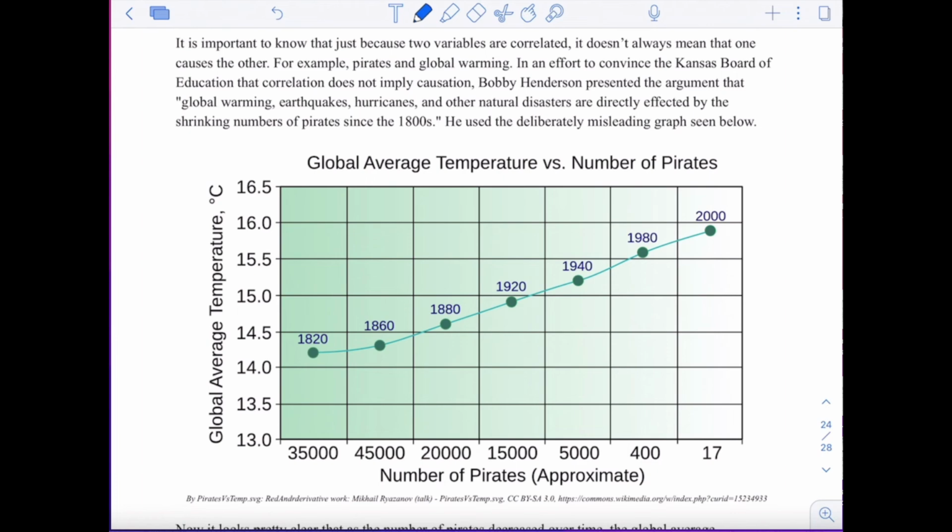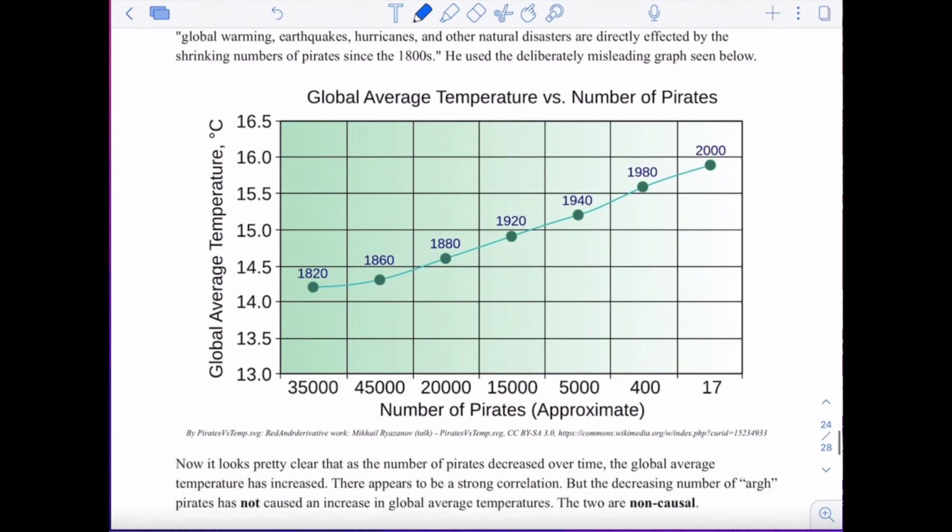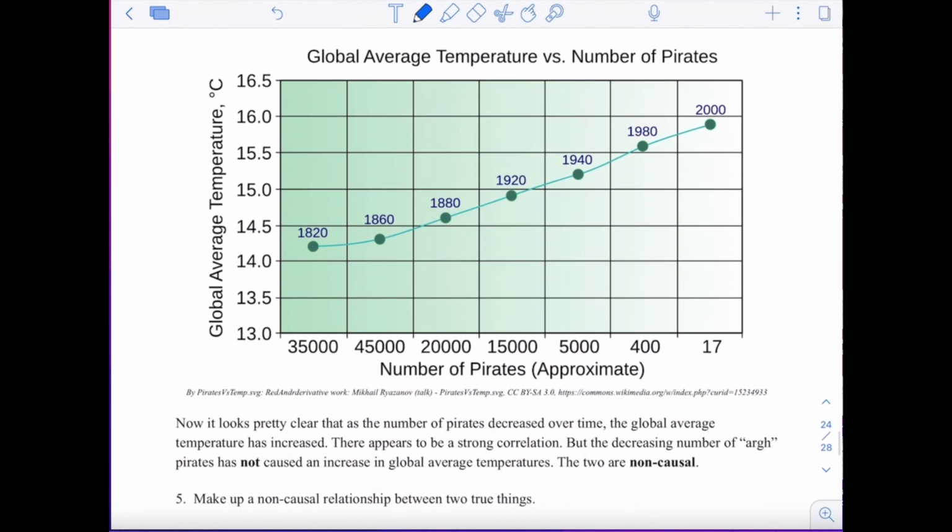So even though the x variable and the y variable are highly correlated, meaning when I look at this scatter plot, it looks very similar to a line, it doesn't actually mean that one causes the other. So we have to be really careful when we see that, in fact, our scatter plot does follow the trend of a line.